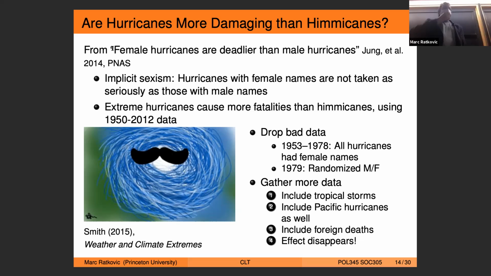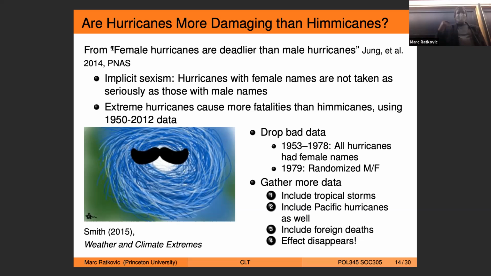So what you have happening is that from 1953 to 1978, global warming and the attendant increase in intensity of these sorts of extreme weather events hadn't really kicked in yet, nearly as much as since 1978. So there were a whole bunch of lower impact storms with fewer people dying. So there was no randomization at this point. What you were capturing is the fact that from 1953 to 1978, storms were both all named after females and less severe.